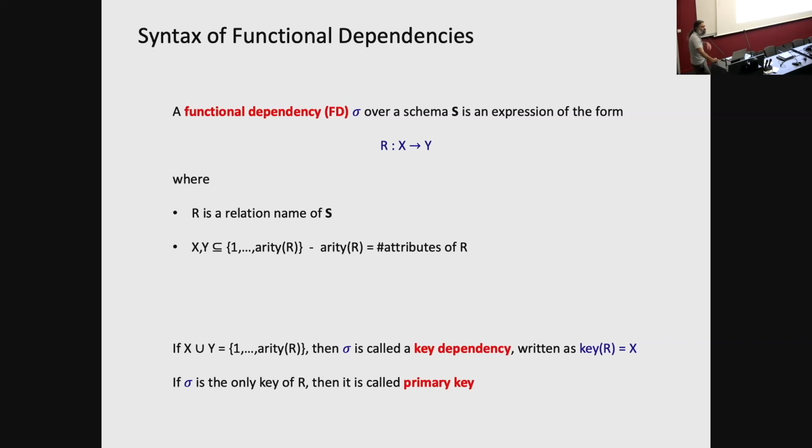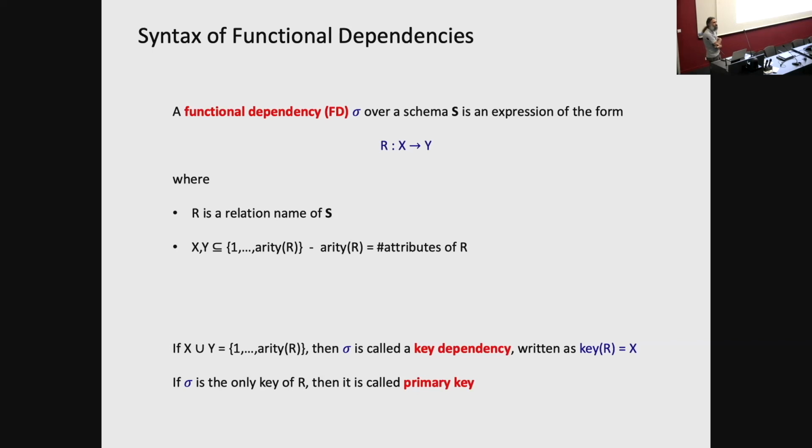But then there cannot be a primary key, because there is always more than one key.